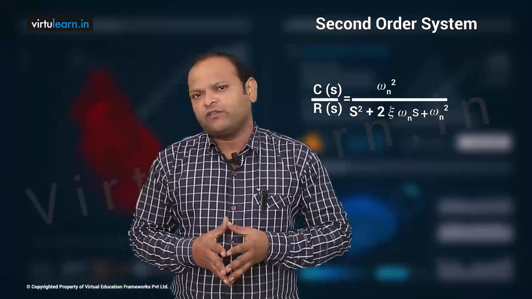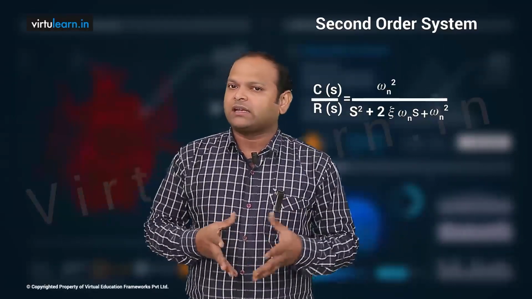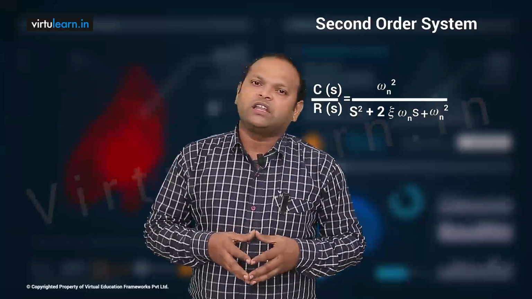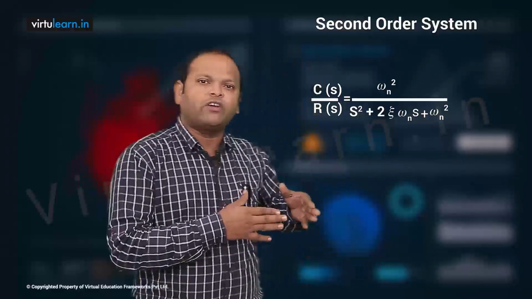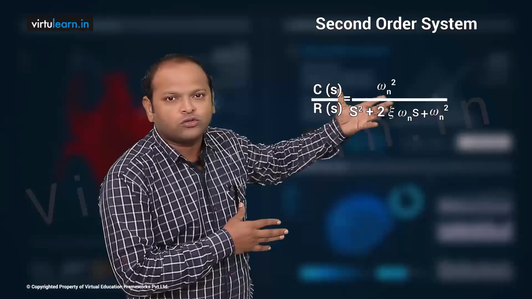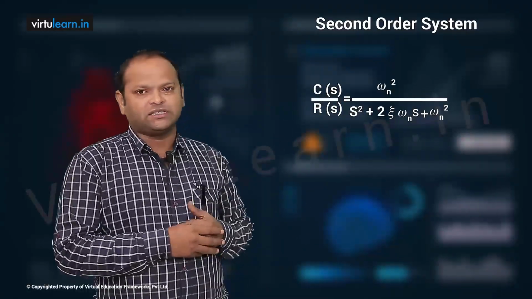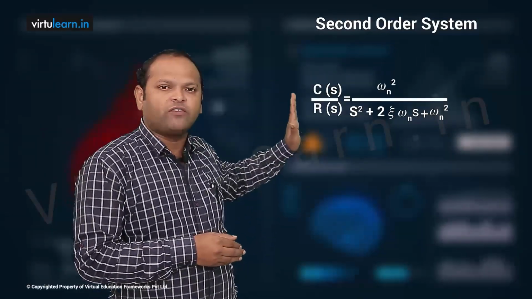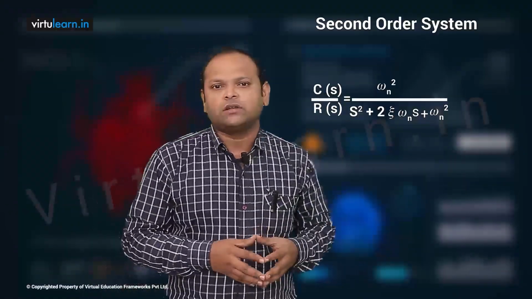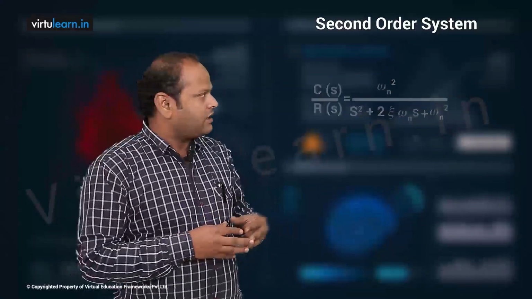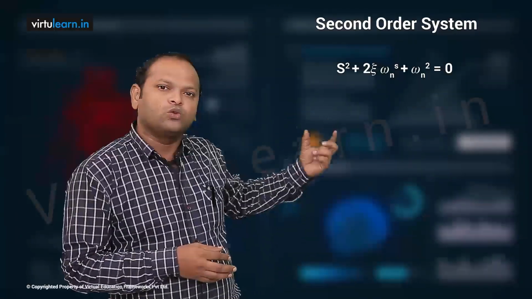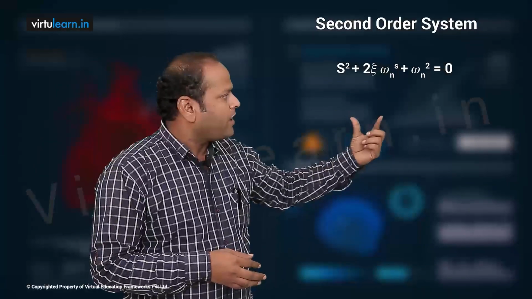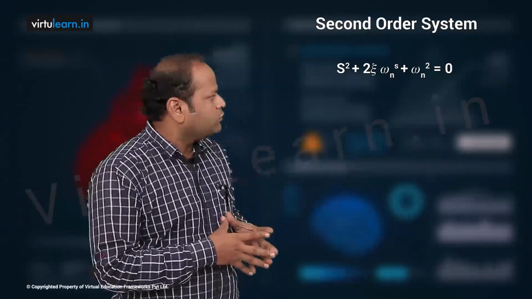We know the definition of the characteristic equation: the denominator equal to 0. Even for the second order transfer function we can find the characteristic equation. So your characteristic equation is s square plus 2 zeta omega n s plus omega n square equal to 0.